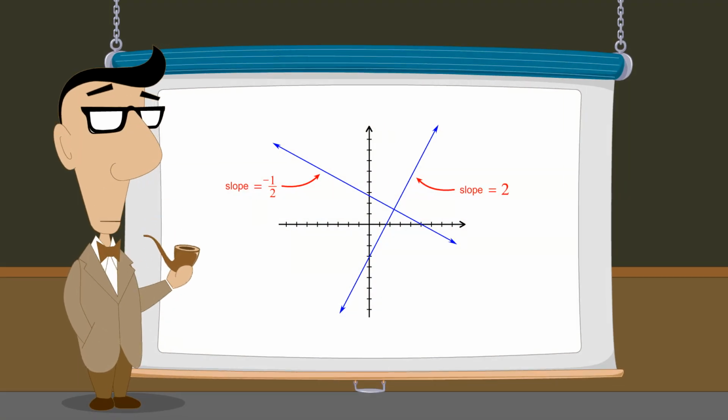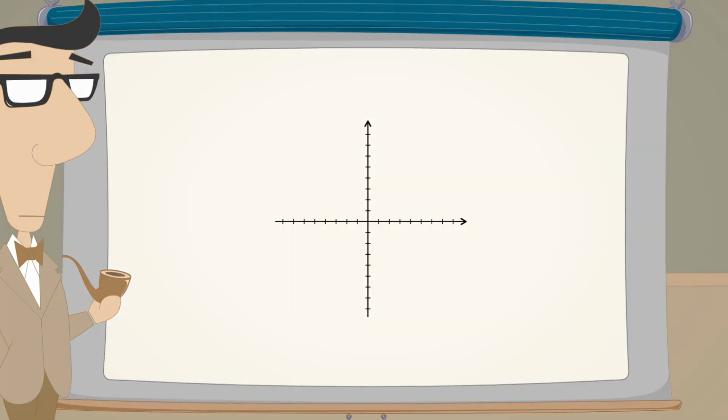So why are the slopes of perpendicular lines negative reciprocals? To see why this makes sense, let's draw a line running through the origin and place a point on the line somewhere other than the origin. The slope of this line can be calculated using any 2 points on the line. So if we like, we can use the origin as one of the points.